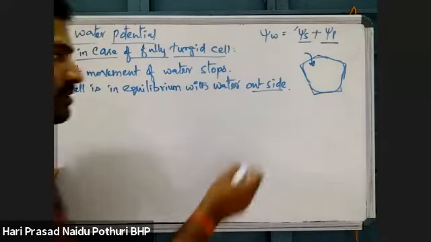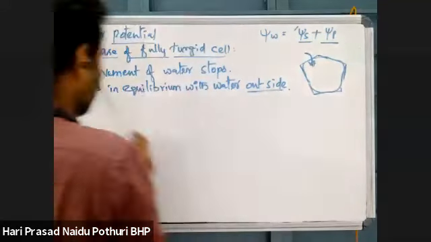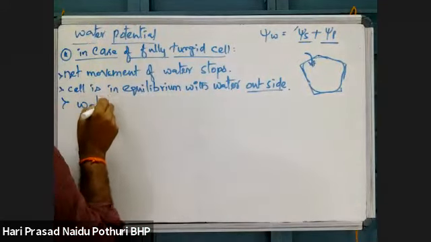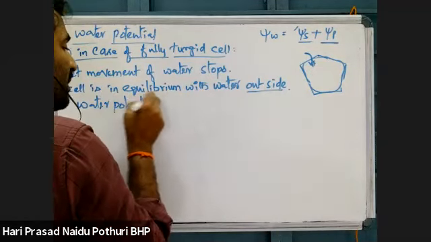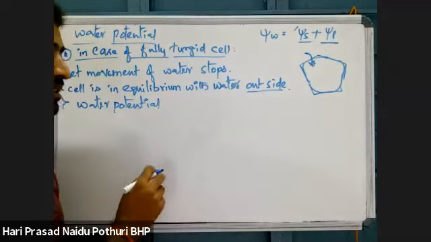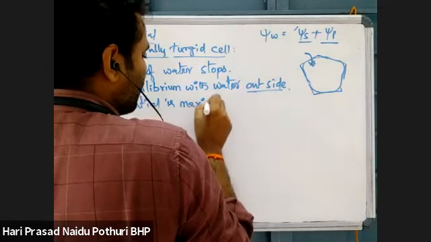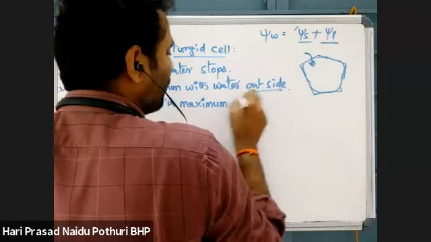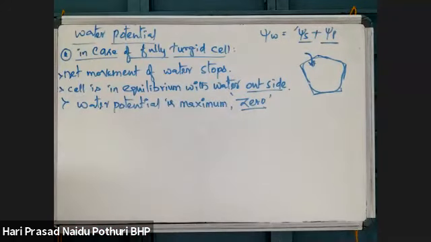So here what happens? Maximum water potential is there here. That means water potential for this cell, because maximum amount of water is present here. So maximum water present is there means water potential is maximum in this case. Maximum, which is 0. A fully turgid cell will take up more water.